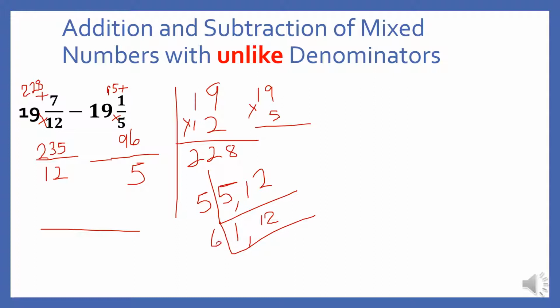I'm going to use 6. 6 can go into 12 2 times, and now I'm going to use 2. 2 can go into 2 once. To get the LCM, we need to multiply the numbers we have on the outside. 5 times 6 is going to give us 30, and 30 times 2 is going to give us 60. So the LCM is 60.